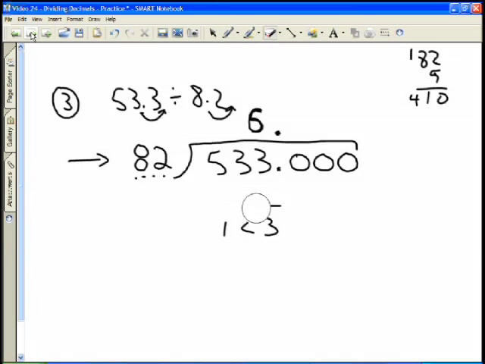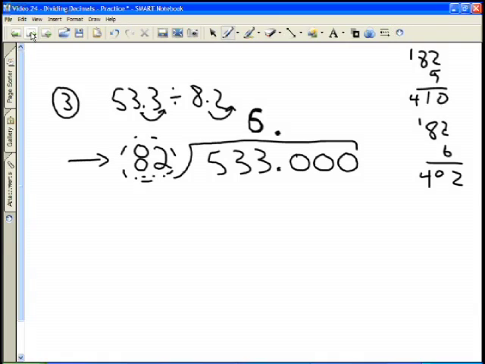So do you see what I mean? When the number underneath, that 123, is larger than 82, it means you can squeeze one more 82 out of there. I hope that makes sense. Now, 6 times 82, 2 times 6 is 12, carry the 1, 8 times 6 is 48, plus 1 is 49.